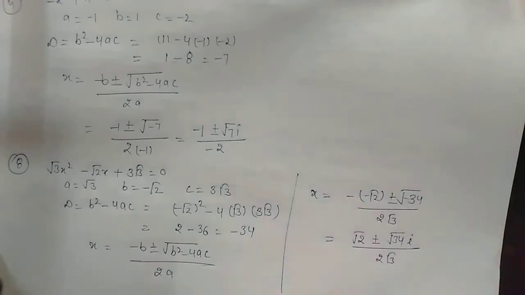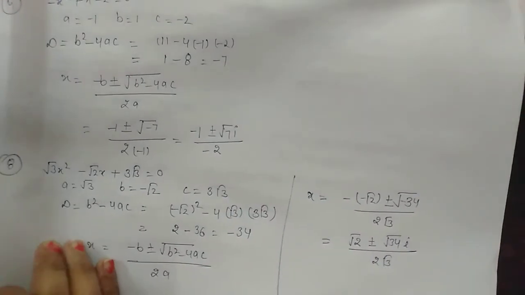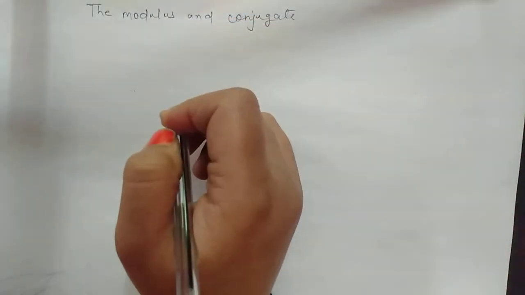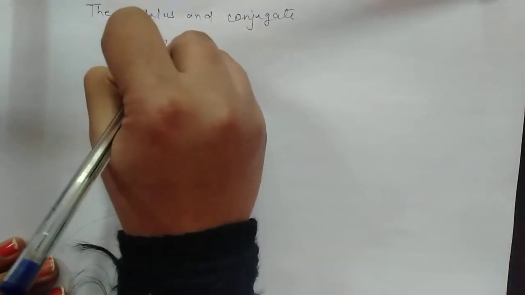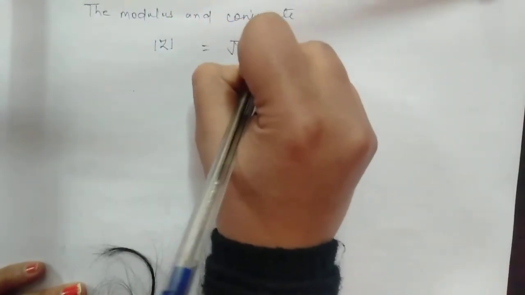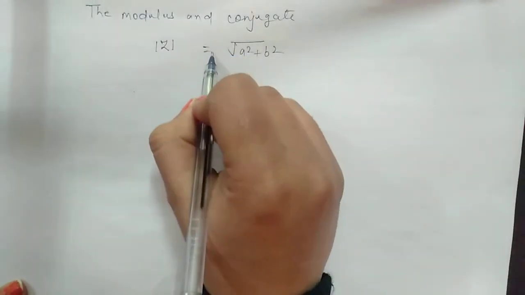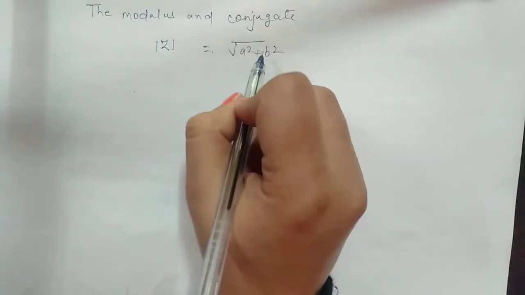Now what we are going to do, there is a topic, we have to find the conjugate and the modulus. We have one topic left, that is the modulus and the conjugate. Modulus can be denoted by mod z, which can be written as under root a square plus b square. If we are asked to find the modulus of z, then we can directly put the value as under root a square plus b square.